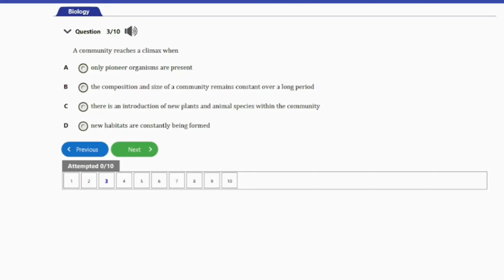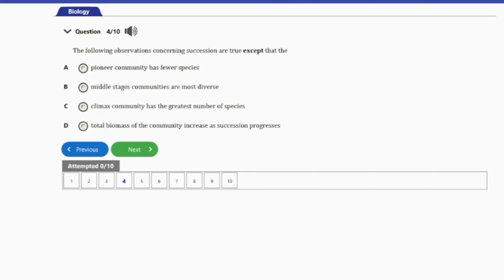Let's go ahead and consider the next question, guys. That's question number 4 here. It says, the following observation concerning succession are true, except that the A. Pioneer community has fewer species. B. Middle stages community are most diverse.